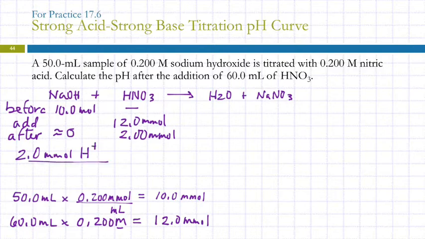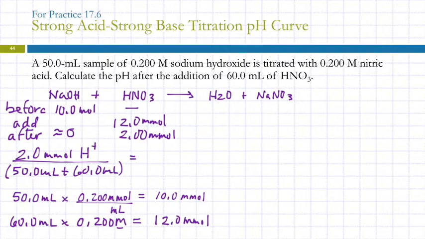It's a strong acid. And then I need to divide by the total volume, which is 50 milliliters plus 60 milliliters. I've got millimoles divided by milliliters.